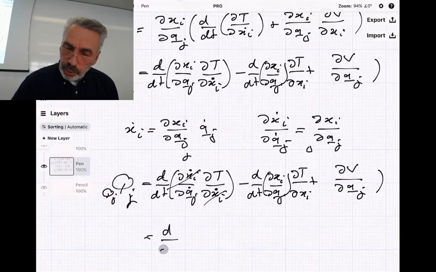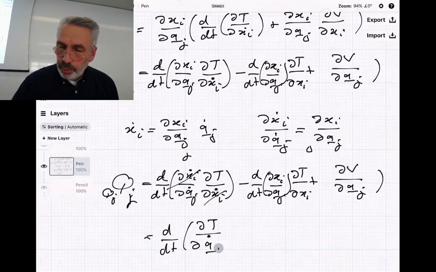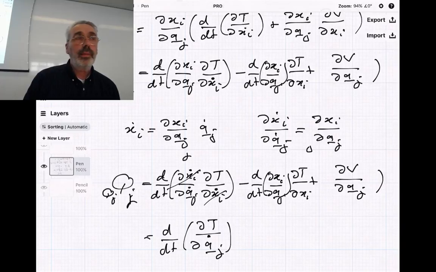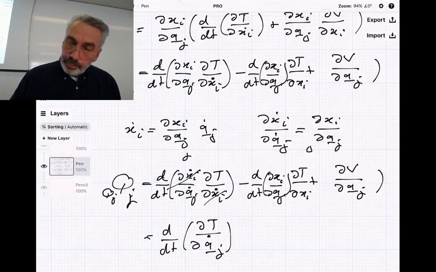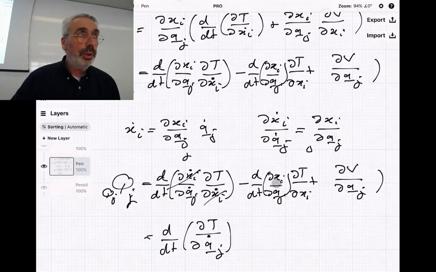Then this term is going to be d/dt of the kinetic energy partial with respect to the velocities. Now the second term. What is the time derivative of a Jacobian?